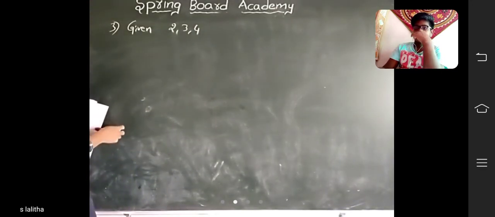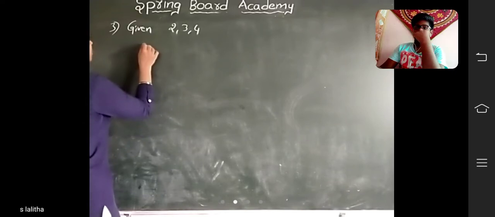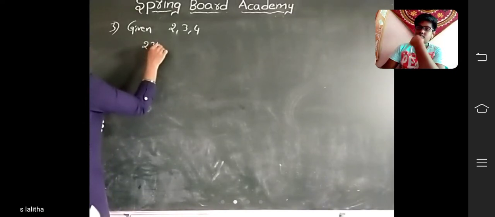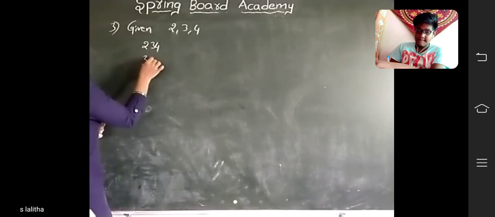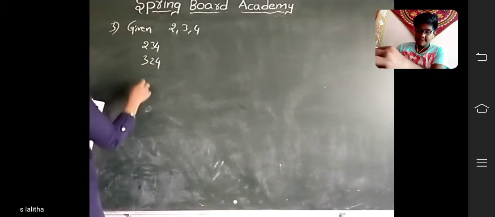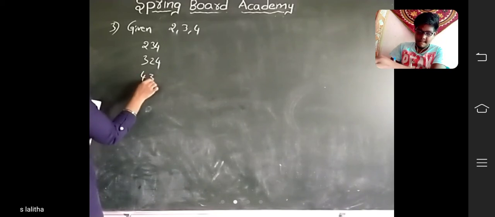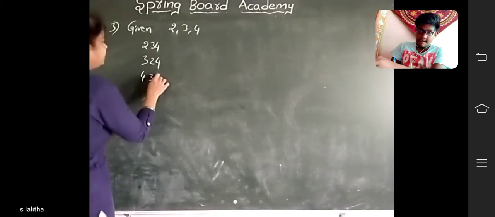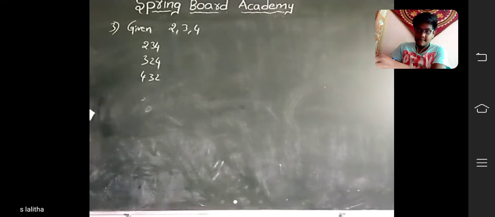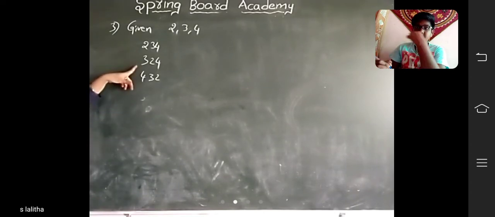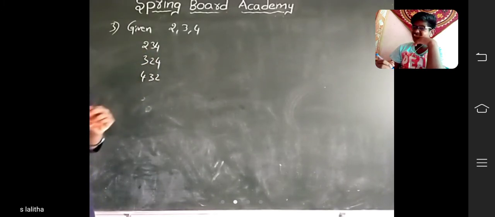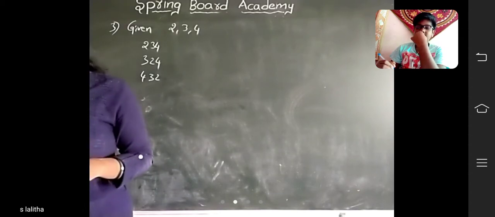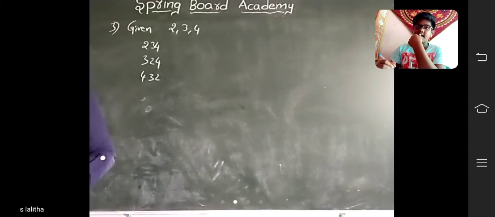How can you write? Tell me. 234 and next 324 and next 432. Can you write like that? So make three different three-digit numbers: 234, 324, 432.